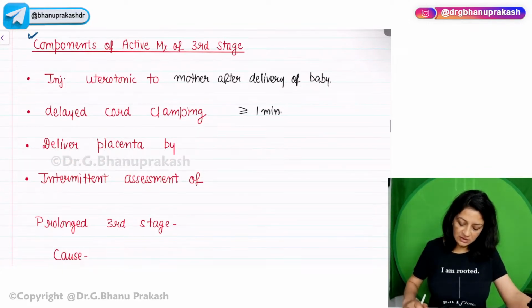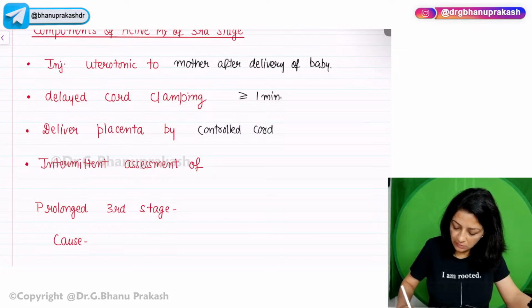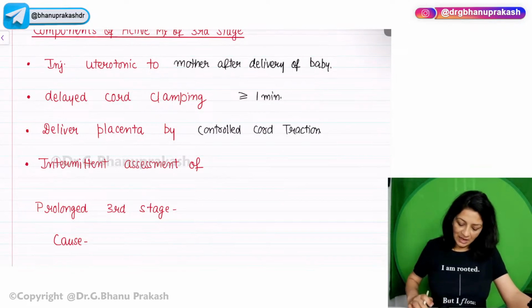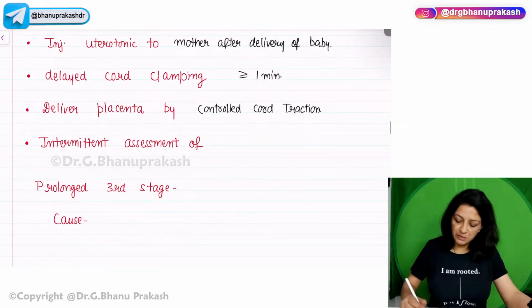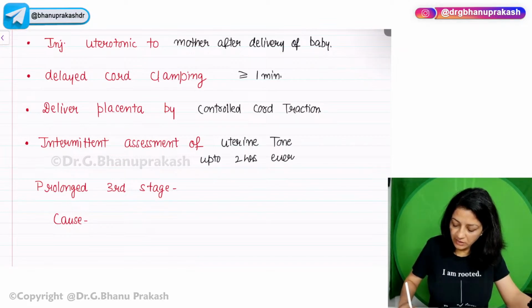Third component is the delivery of placenta by controlled cord traction. And the last point is intermittent assessment of uterine tone up to 2 hours every 15 minutes.